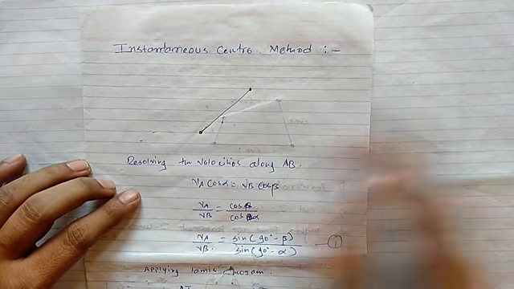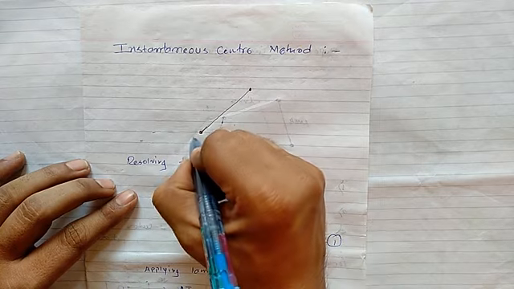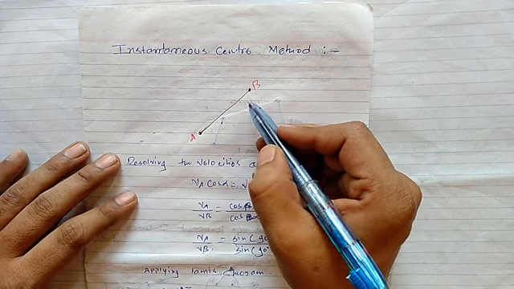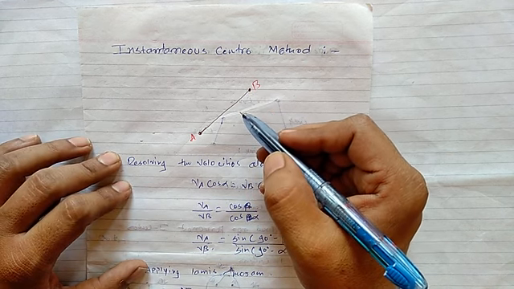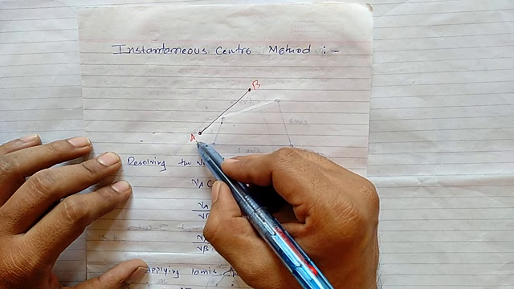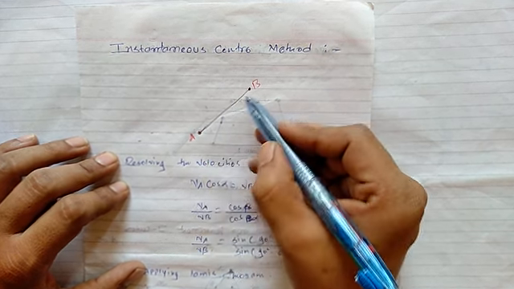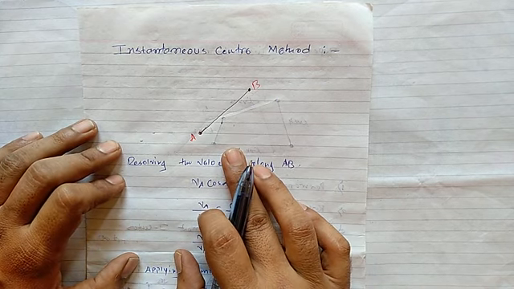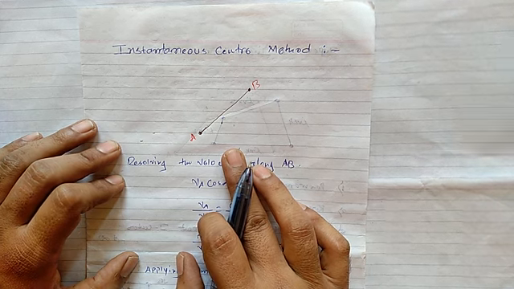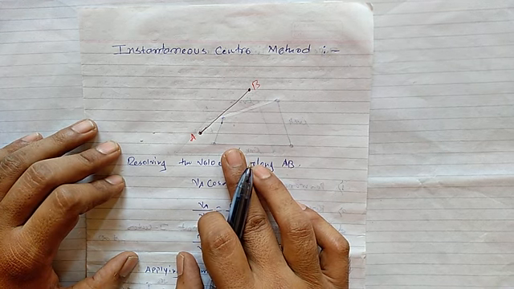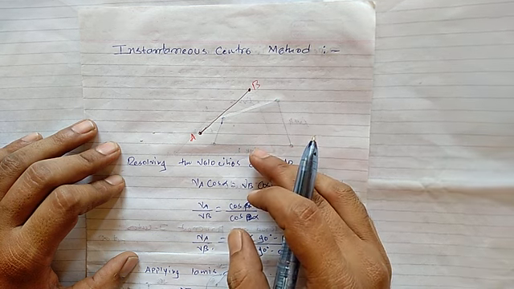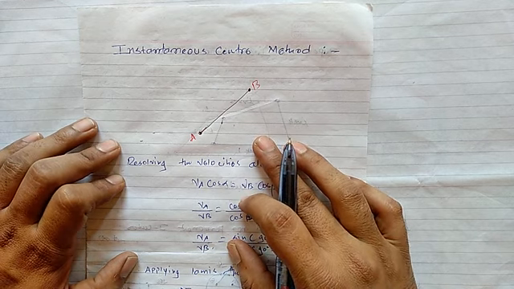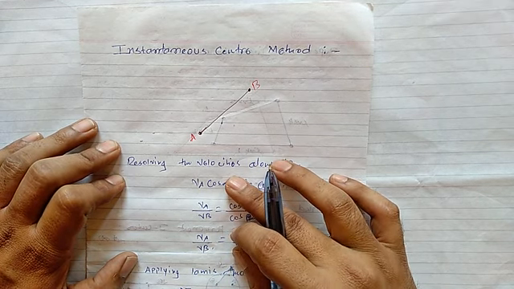First of all, I am considering the link AB. This link AB is considered a rigid link, with first point A and second point B. This link AB is subjected to a particular motion, that is pure rotational motion, and second, translational motion. Consider two points A and B on a rigid link.